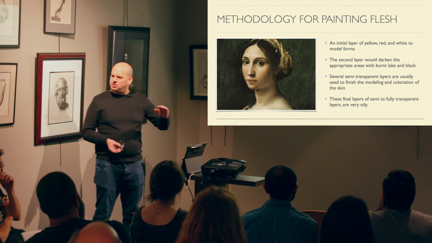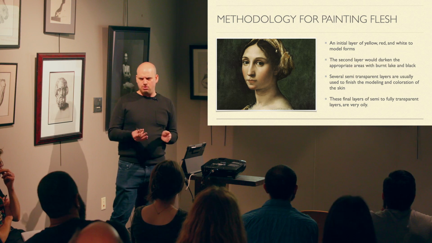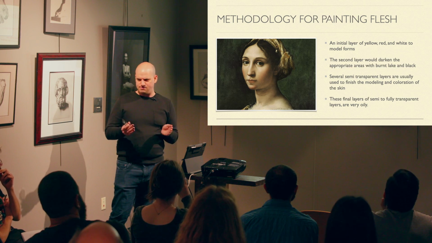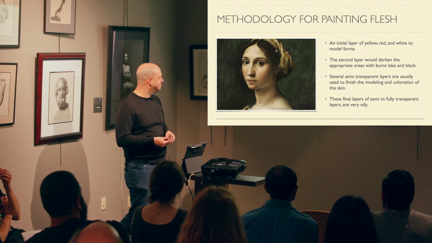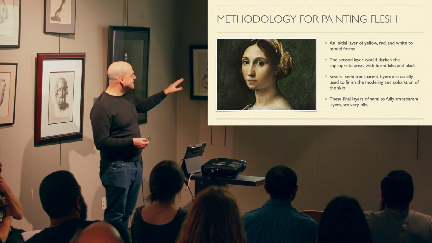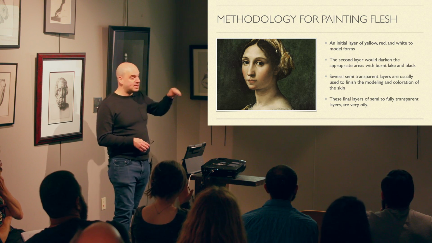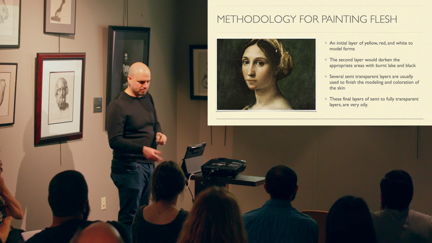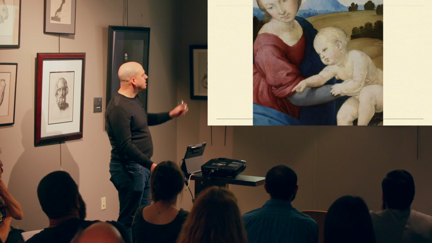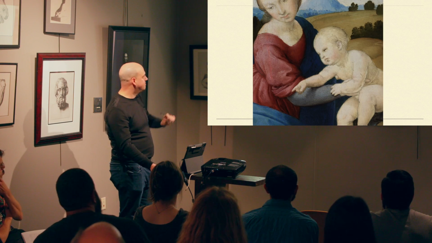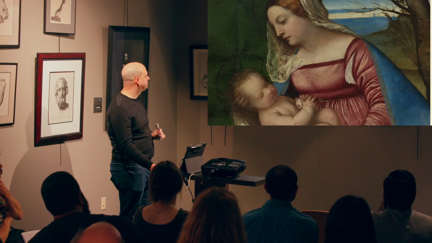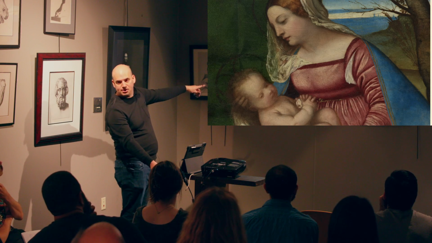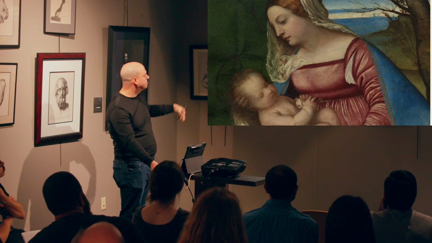So again, similar to Da Vinci, but much shorter. Not 30 layers, more like 3 to 4. So much more tangible. But that's not to say that some of these paintings don't have numerous layers on top of that. Here again, you can see the pentimenti with a little bit of the flesh color on top of that. And again, on the Christ child's head, you can see that building up of form.